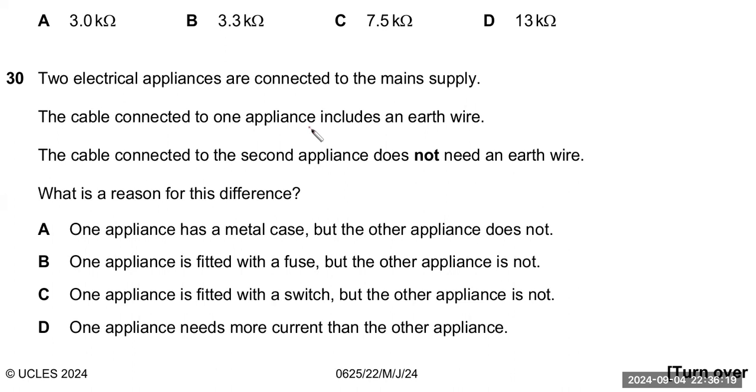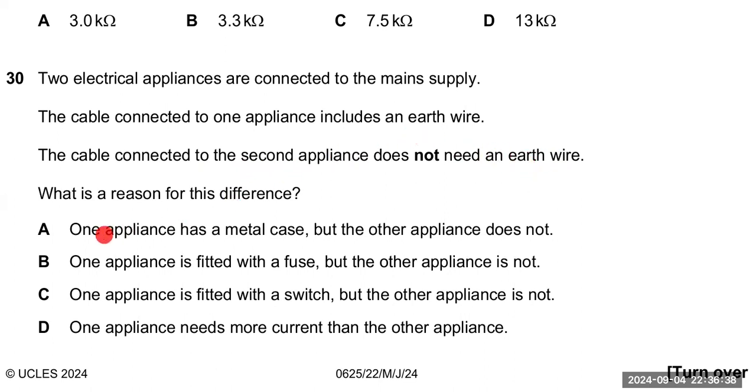Okay, maybe you will be moved towards death. It can happen. But on the other hand, the appliance which doesn't have any earth wire, it means its body is not made of a metal case. That is why an earth wire is not required.